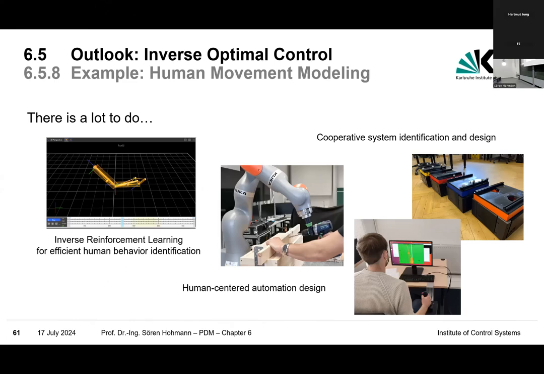If you're interested in such things where you have this kind of human-machine cooperation, learning something about the human in the forward, but also in the backward problem, so inverse, where you try to identify the human, then please feel free to contact me personally or the group leader, Balint Varga, because in this group we have these types of things.